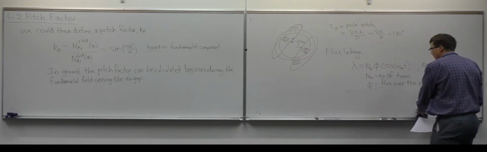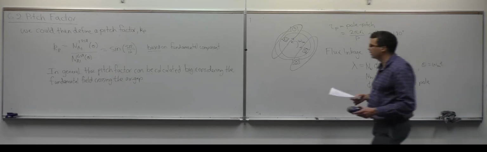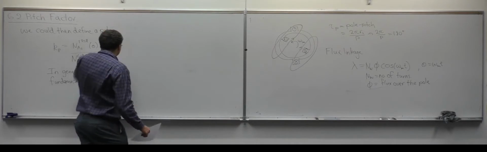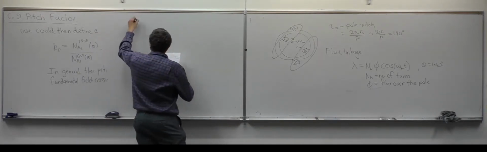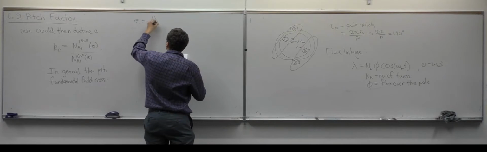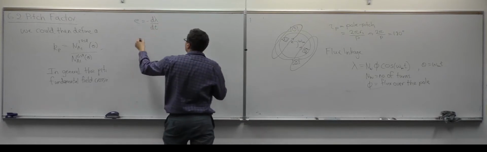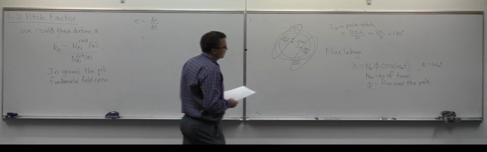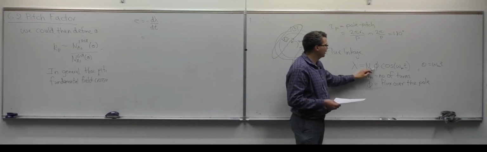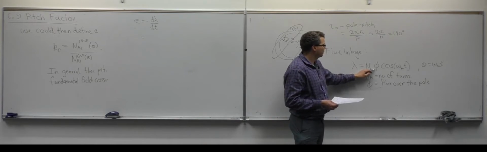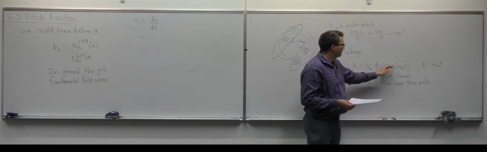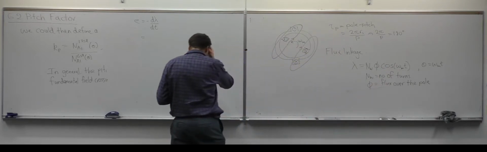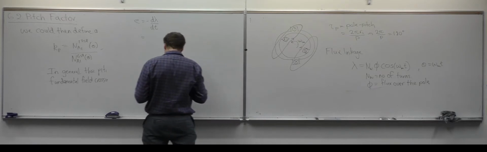And so that's going to be the change in the flux linkage with respect to time. So in the most general sense, we could have the flux changing in magnitude and the omega t part changing in time.